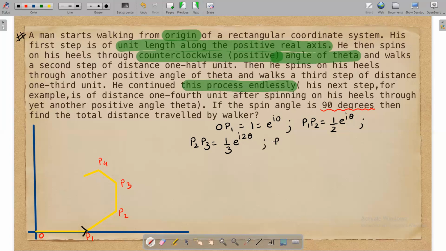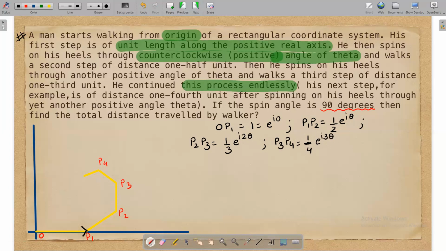Let's write one more vector, P3P4 also, which will become 1/4 e^(i3θ). Fine. So this is how we can write down other vectors also, but these four are going to help us.